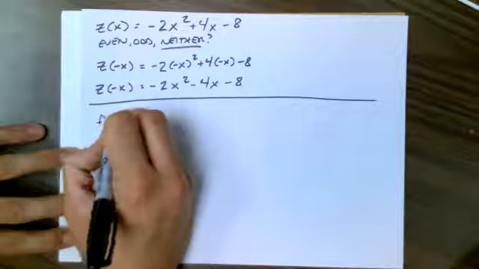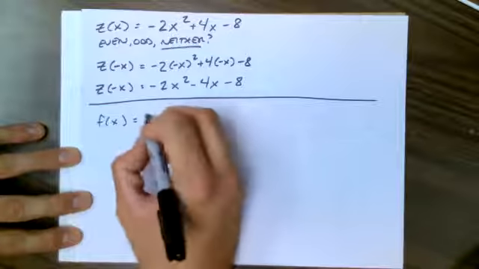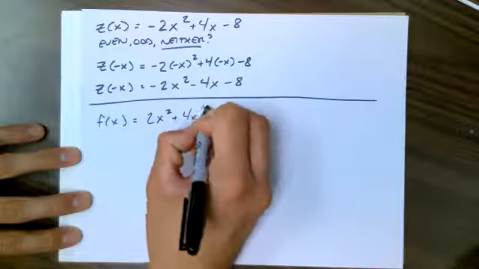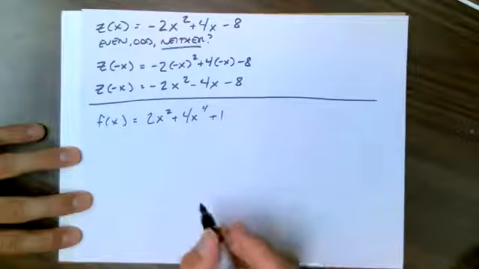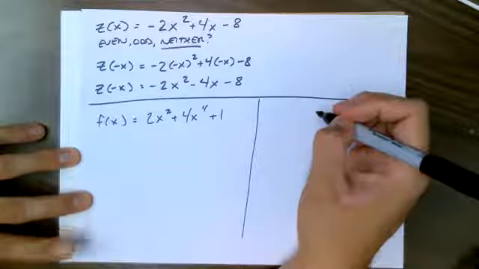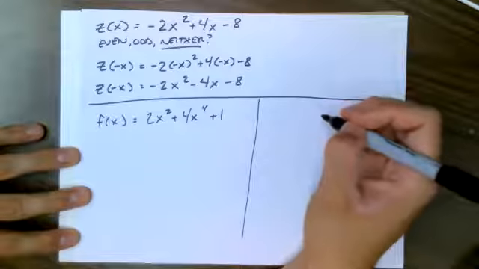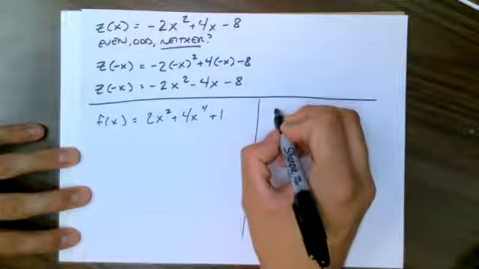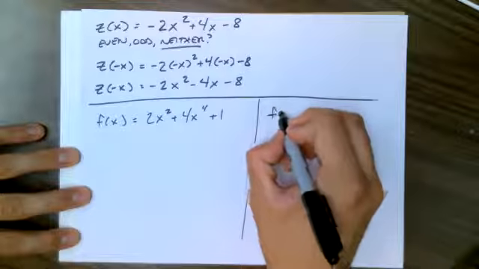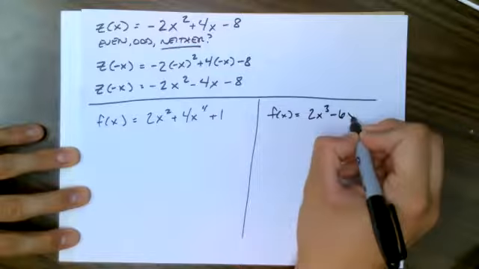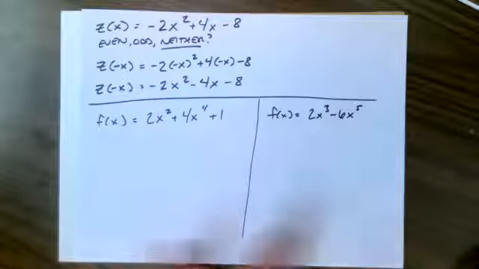It says f of x equals 2x squared plus 4x to the 4th plus 1. Try that one. And then try 26. So 24 and 26. We've got f of x equals 2x cubed minus 6x to the 5th. So try those two real fast. I'm going to pause this.